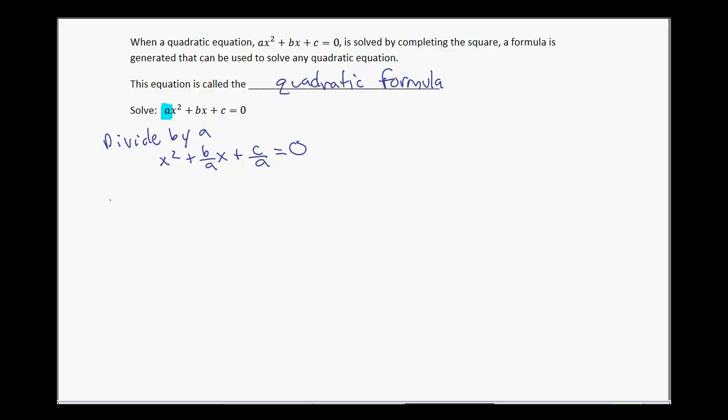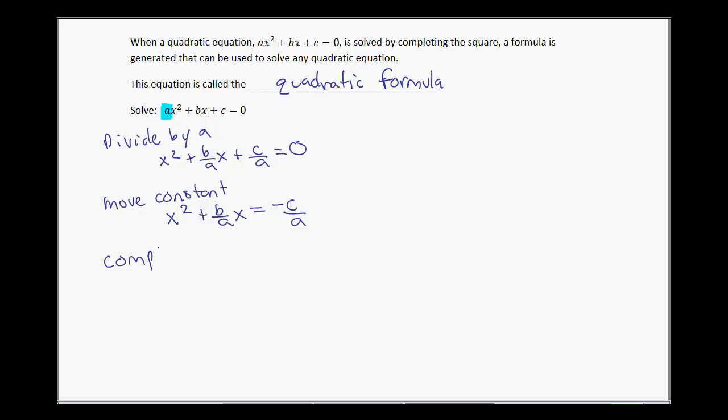Next step is to move our constant term to the right hand side of the equation. x squared plus b over a x equals minus c over a.